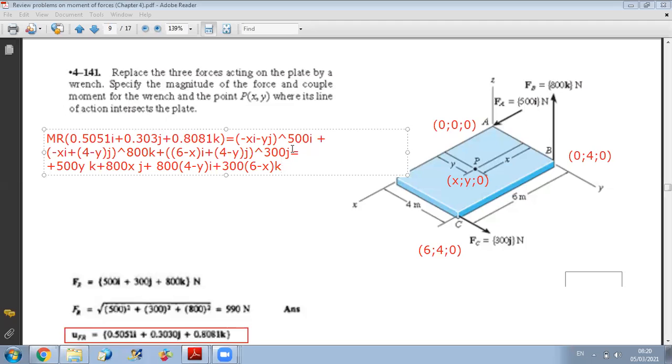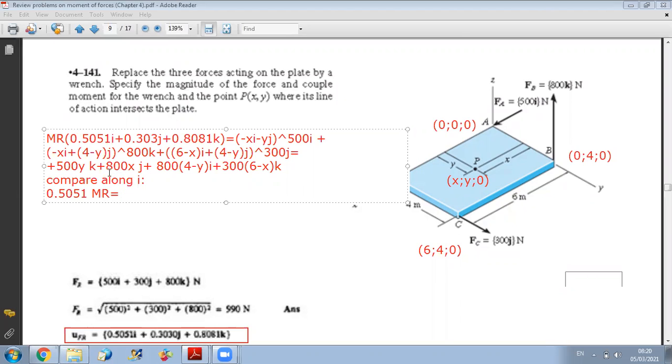The next step is to compare along i, along j, along k. So first, compare along i. When I compare along i, from the first side of the equation, what do I have along i? I have mr times 0.5051. So I will write 0.5051 mr is equal.